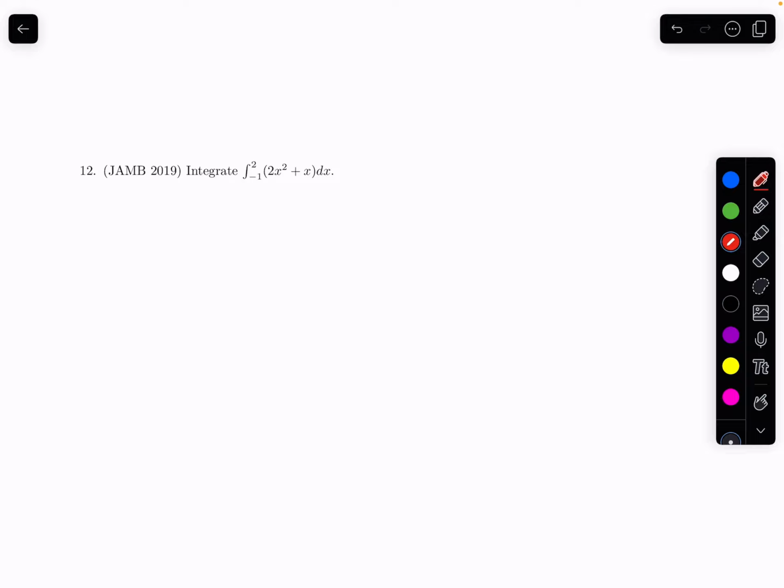Okay, so now let's integrate this, right? This one is not complicated. We just use the power rule for the integration. So you have 2x cubed divided by 3 plus x squared divided by 2. I added 1 to the power and divided by the new power. This is going to be from -1 to 2.